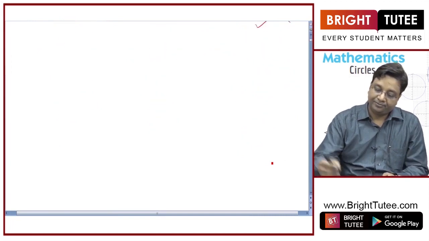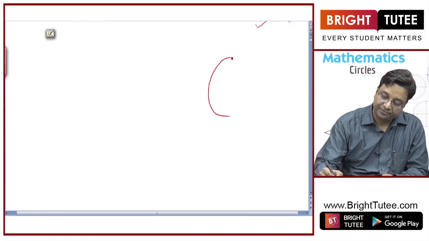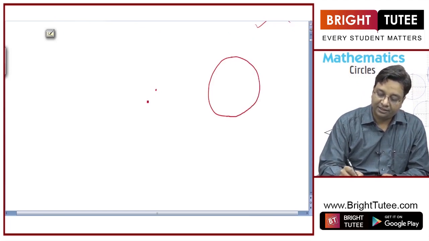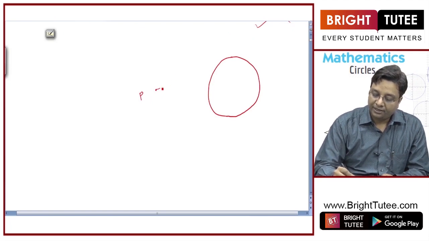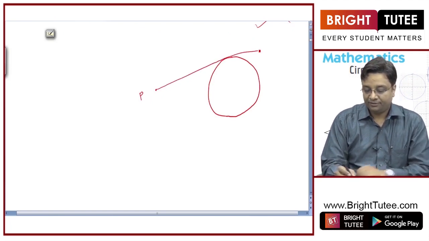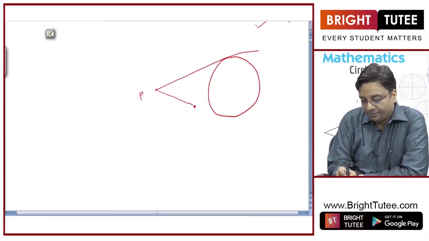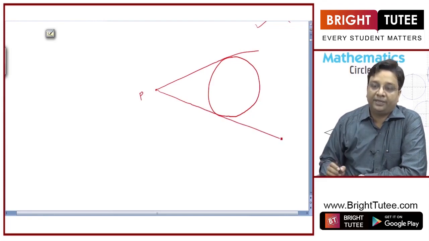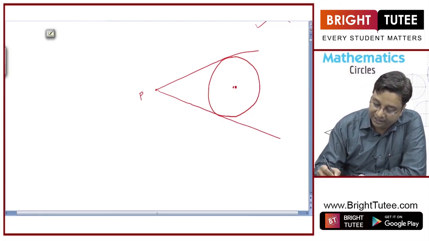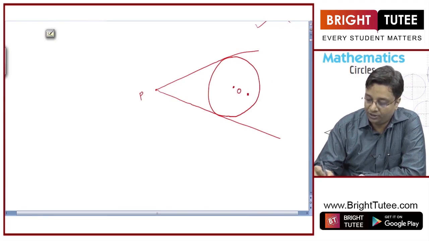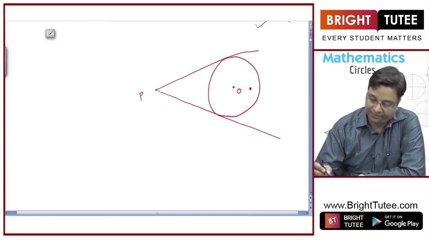Let us say we have this circle and there is this external point P. Let's draw the two tangents here. Let us say this is the center O. O is the center of the circle, right?